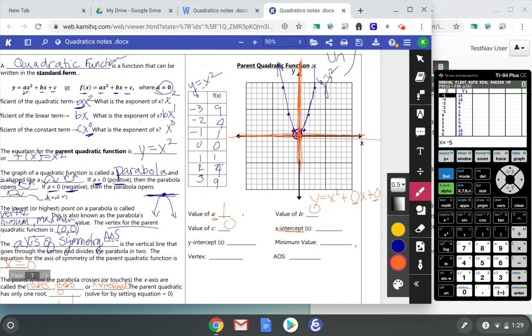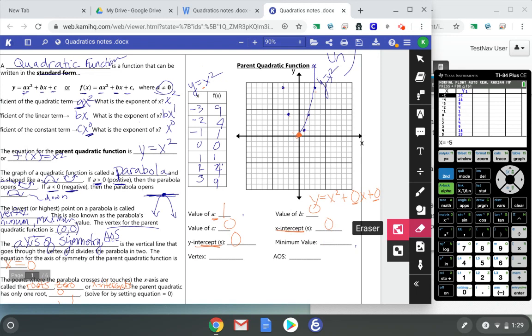My x-intercept, well, where is it crossing the x-axis? That is crossing at 0. The y-intercept, this time the y-intercept is going up and down, so where's that going to cross the y-axis? 0. What's the minimum value? The minimum value in this case is it's coming down and it's crossing right here on our graph. So the minimum value is 0. And when you're talking about your minimum value, you really only have to list the y value.